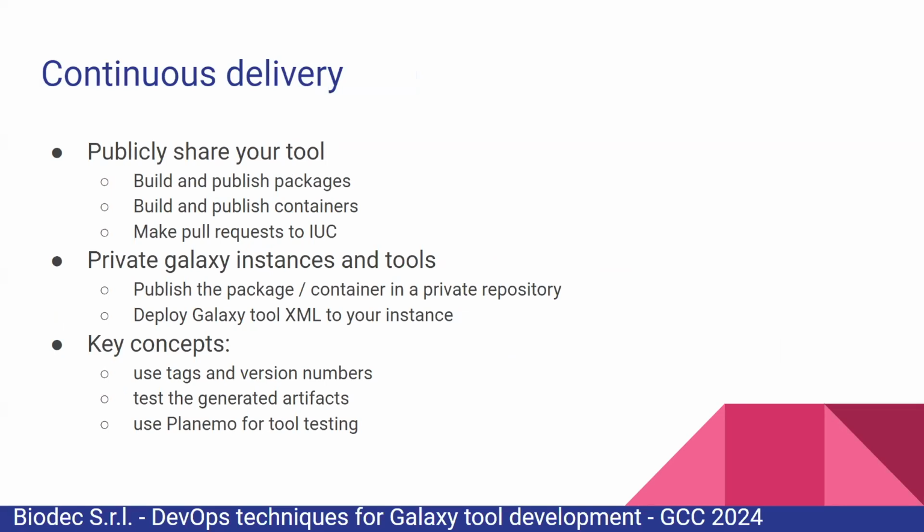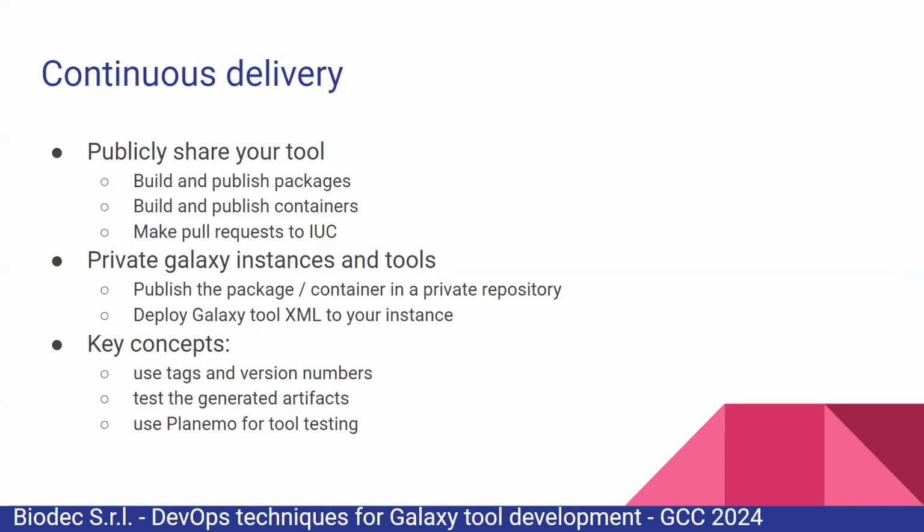Also, you can have different environments. Maybe you are not publishing your tool into the Tool Shed, but you are using the tool internally. There are machineries in continuous delivery that help you package your tool, create containers, and ship the package and the container to private repositories.